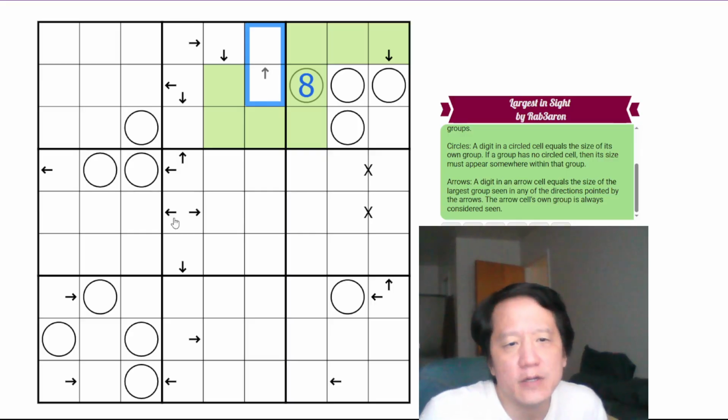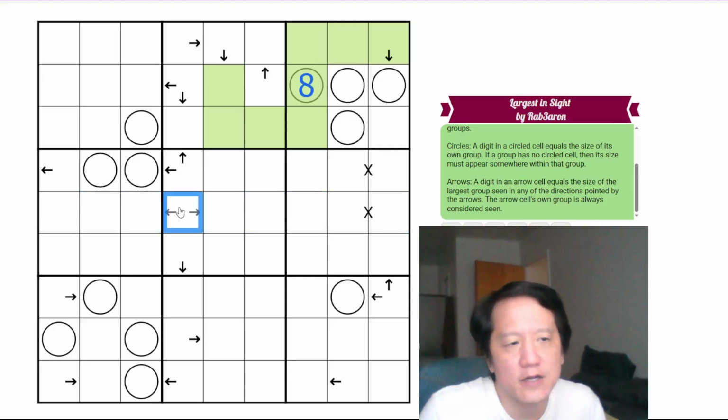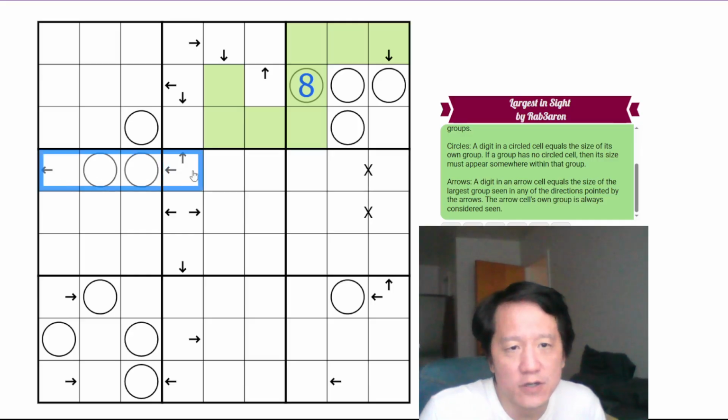So this digit must be equal to the size of the largest group seen in this direction and this direction, and that includes its own cell. Interesting.